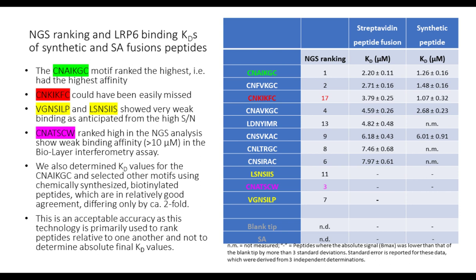This one didn't show binding either. And in order to confirm the biophysical data we got from the Octet system, we also measured synthetic peptides. Although you see some difference, this is perfectly fine because we used the system to confirm the binding.